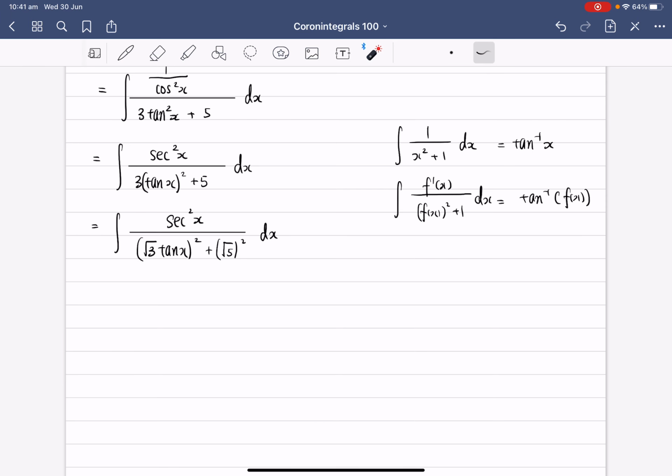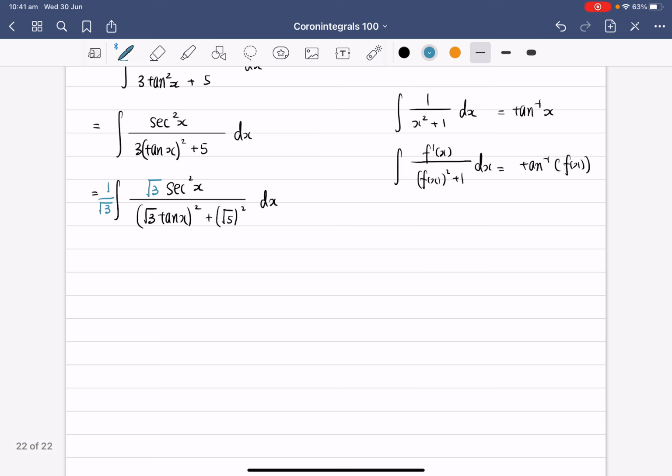Now we start to differentiate what's inside. That gives us square root of 3 sec square, but we only have a sec square on the numerator. So all we need to do is add square root of 3 there. And outside, we change that into 1 over square root of 3 to balance it out, to cancel them out. Now we should be able to just apply the reverse chain rule formula. That gives you 1 over square root of 3, and then times 1 over square root of 5, that's just the formula.